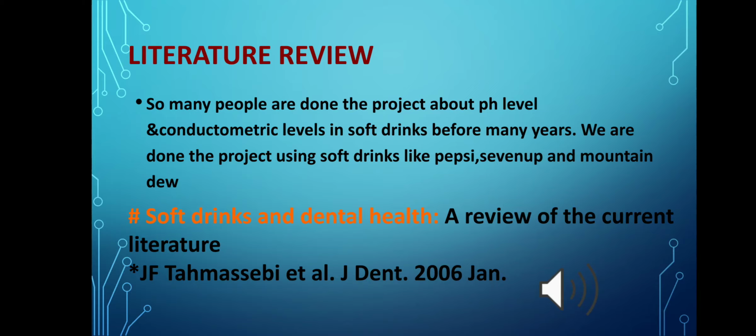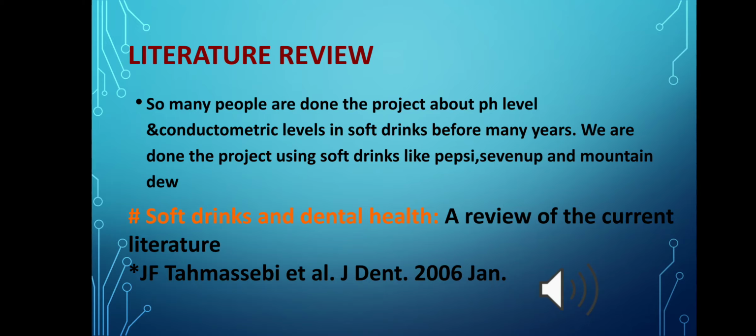In recent years, there has been increased interest in the role of commercial soft drinks in dental diseases, namely dental caries and erosion. The objective of this paper has been to review the past and current literature to determine the present knowledge on this subject.